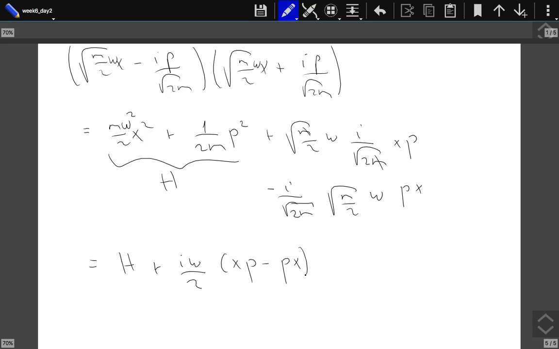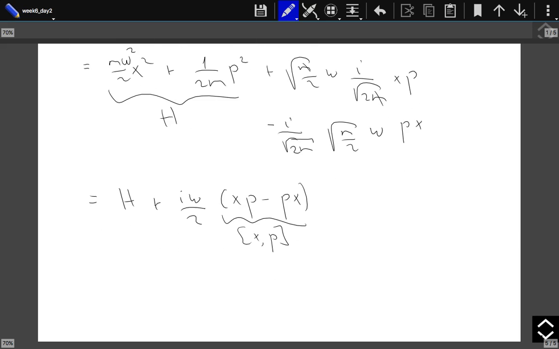What is this factor? xp minus px is nothing but i h bar. So this is equal to H minus h bar omega over 2.